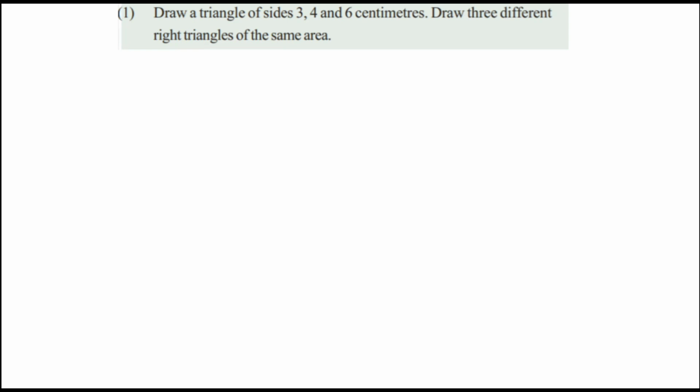Draw a line of 3 centimeters at first. Take 4 centimeters in the compass and draw an arc from one end of the line. Now take 6 centimeters in the compass and draw an arc from the other end. Mark the point of intersection. Join that to the ends of the first line. So we got the triangle with sides 3, 4 and 6 centimeters.